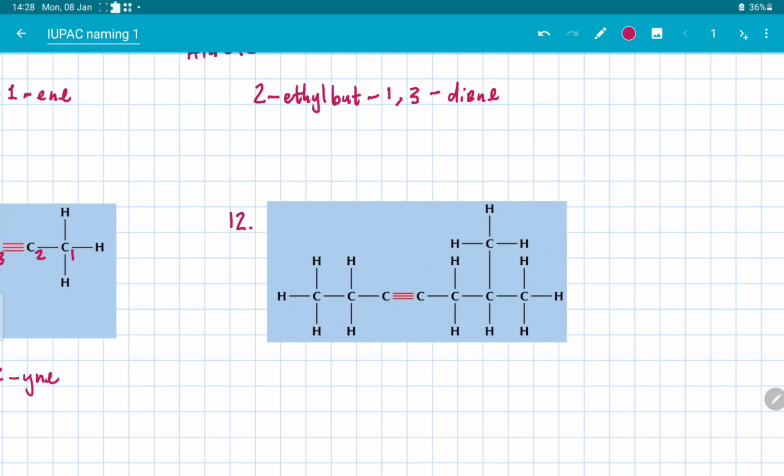So I have to start from this side, 1, 2, 3, 4, 5, 6, 7, because the triple bond is closest to the left-hand side. Then my branch is a methyl, located at carbon 6, so 6-methyl. Hept, because the main continuous chain has 7 carbons, and the triple bond is at carbon 3, so hept-3-yne. 6-methylhept-3-yne.